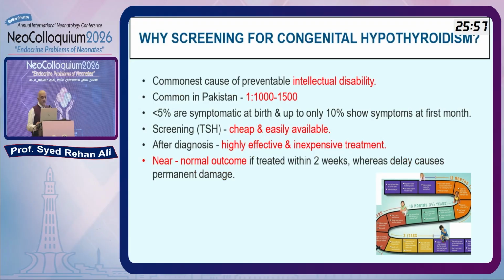So why screen for congenital hypothyroidism? We all know it is a common cause of preventable intellectual disability. Incidence varies all over the world. We know that it is common in Pakistan, around 1 in 1,000 to 1 in 1,500. These babies are so deceiving that they don't present at birth; less than 5% of babies are symptomatic at birth.